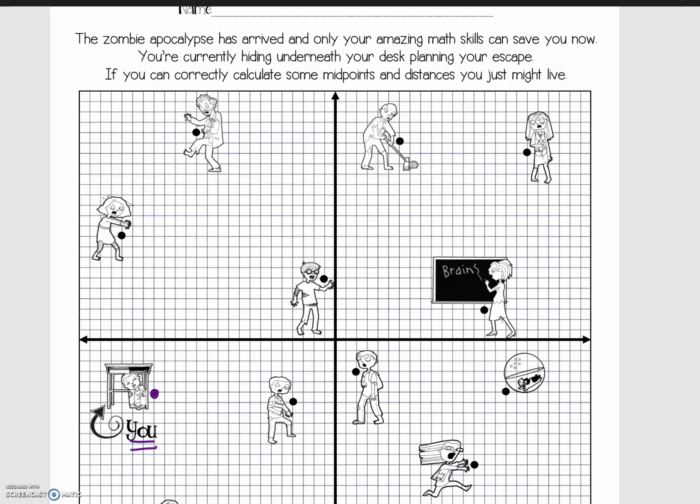You're just going to count how many over, how many down, and this one's at -17 and 5. Or let's say we were doing her over here. We would count how many over, how many up, and she's located at -20 and 10. So you're going to do that for every one of these to figure out the distance for them.